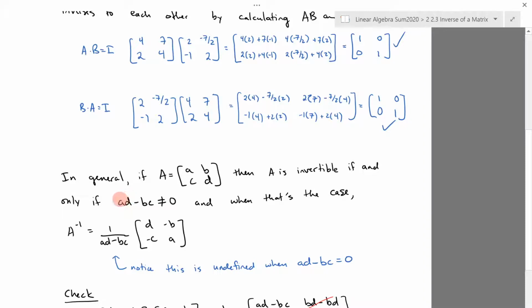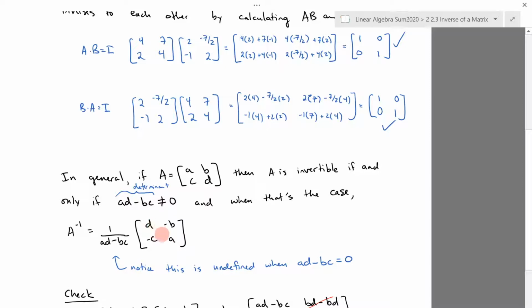This thing is called the determinant. And when AD minus BC is not equal to 0, the inverse of the matrix is given by 1 over AD minus BC, which is the scalar multiple, and the entries are like this.